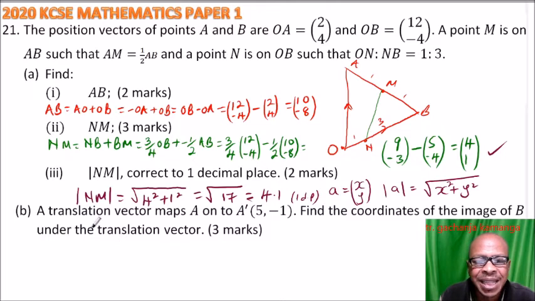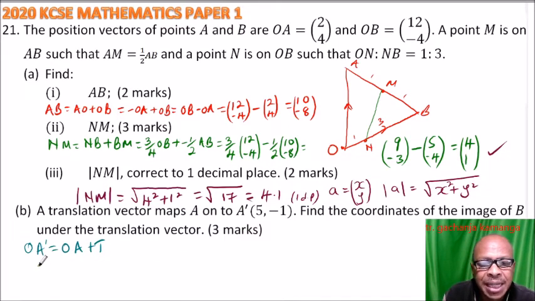On the XY Cartesian plane, you move along the x-axis certain units, along the y-axis certain units. So we can say OA prime is equal to OA plus the translation vector, which we can represent with T. So if we find T, we will be able to get the coordinates of B.